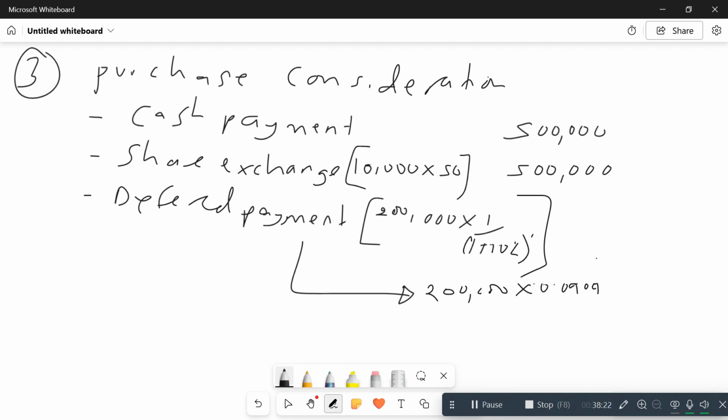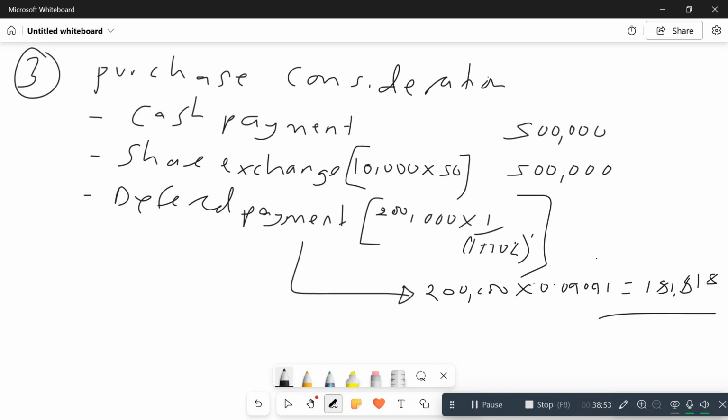Yes, all good, no problem. And here we shall get our answer as 200,000 times that, 181,818. Now we have the 3 purchase considerations: the cash payment of 500,000, the share exchange of 500,000, and the deferred payment of 181,818.